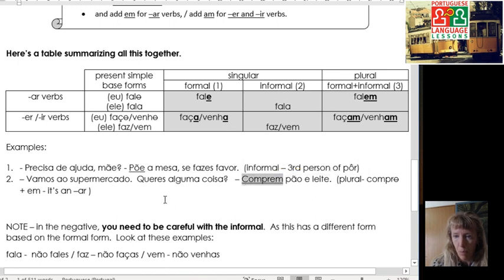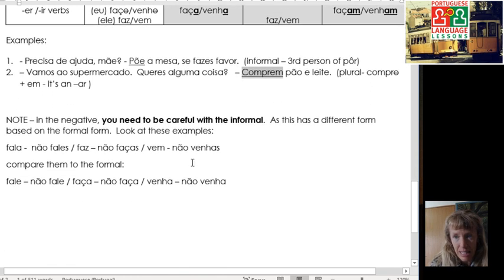Okay, you see this a lot and hear it a lot when you're out and about, especially for instructions. So instructions on the back of any packet, recipes, and anything like that will have this imperativo.